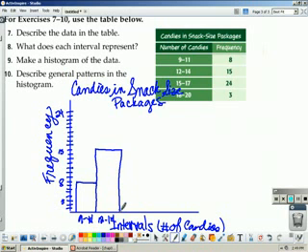Next, we have 15 to 17, and that has 24, so that's going all the way to the top. And then finally, we have 18 to 20, with 3 packages had 18 to 20.